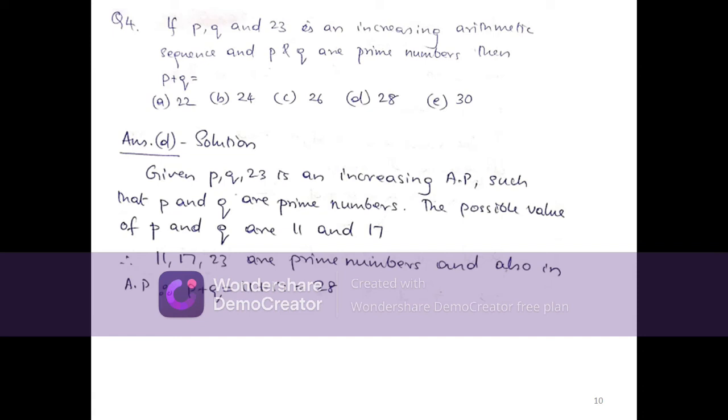There is a relation: if three variables A, B, C are in increasing arithmetic sequence, then B is the arithmetic mean between A and C. So B equal to (A plus C) by 2. So you have 2 into Q equal to P plus 23.